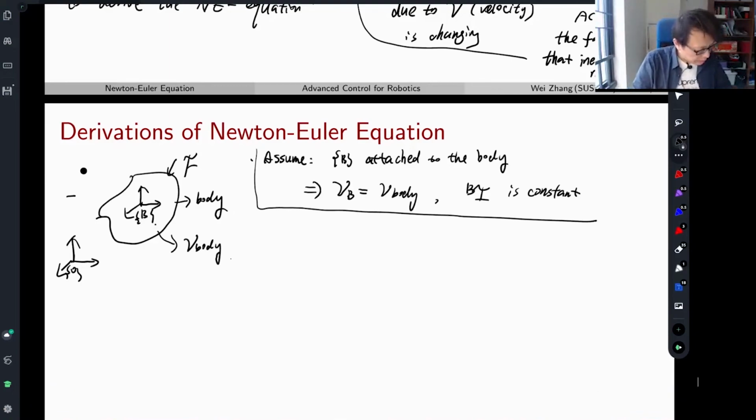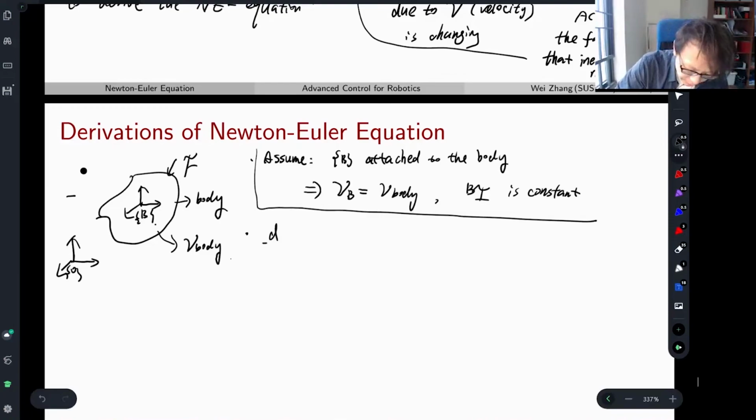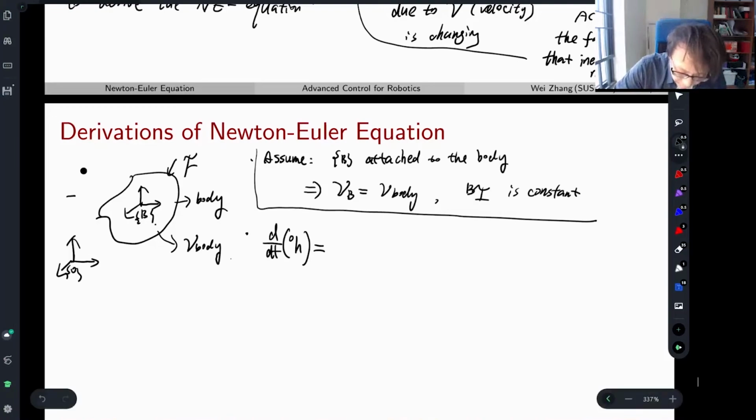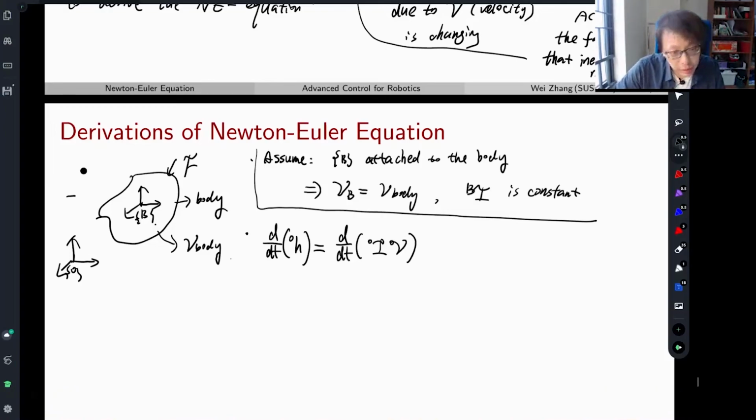When we derive things, let's work with the inertial frame. Overall, we will have d/dt of the spatial momentum expressed in the O frame, so d/dt of I in O and V in O. Fuzhen, correct me if I have any typos or anything goes wrong.